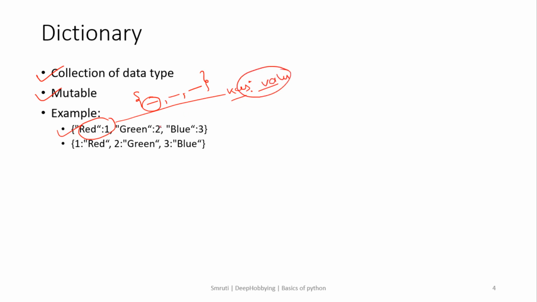So each item of the dictionary is a key value pair. In the second example, I just changed the order of the key and value. So here the key is 1 and the value is red, while in the first example the key is red and the value is 1. I think you should get the intuition why it's called a dictionary, as if you are looking into a dictionary for a value, for a key.